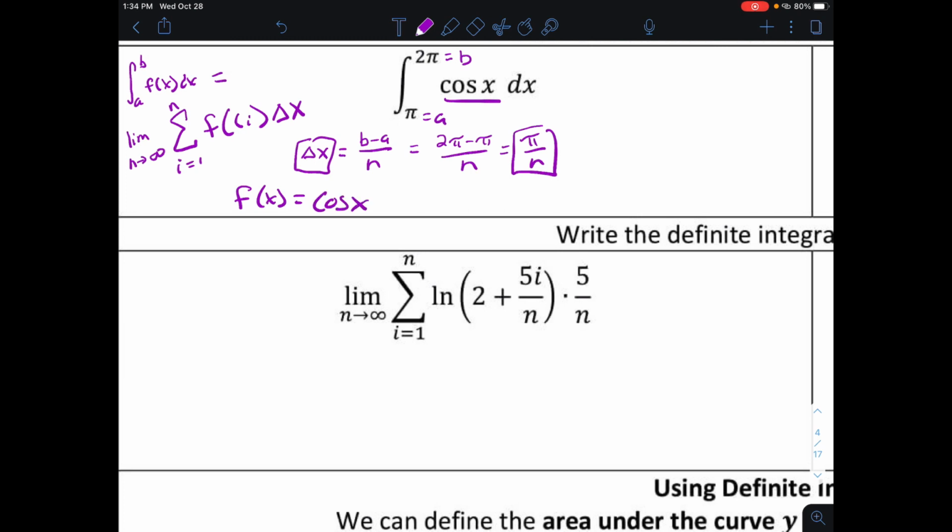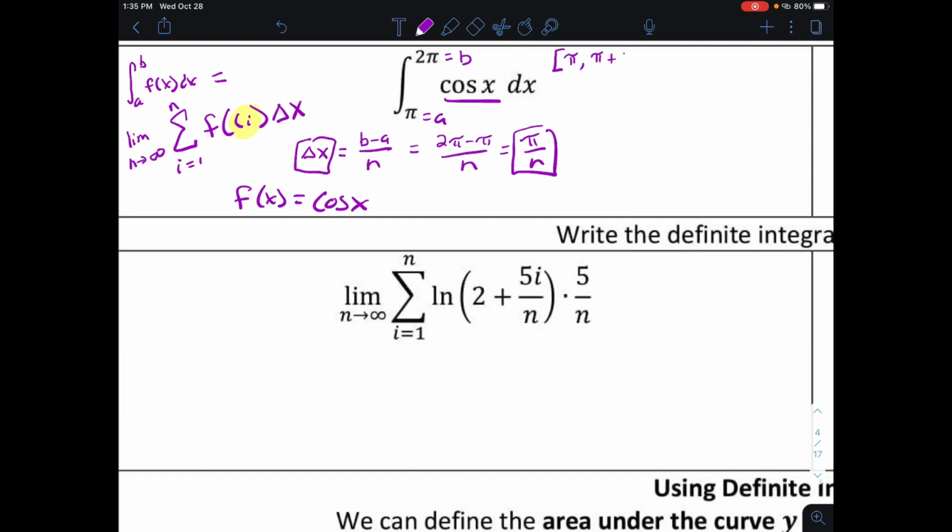The last thing we need to determine is how to write an expression that represents the corners we would use for our rectangle approximation, c_i. It's easiest to do this if I start writing out some subintervals. I'd start with a, which is pi, and the right endpoint of this interval would be pi plus the width of the interval.